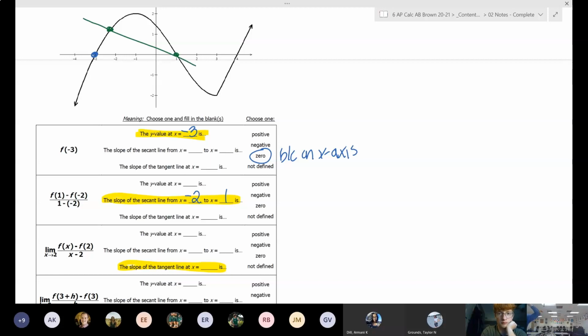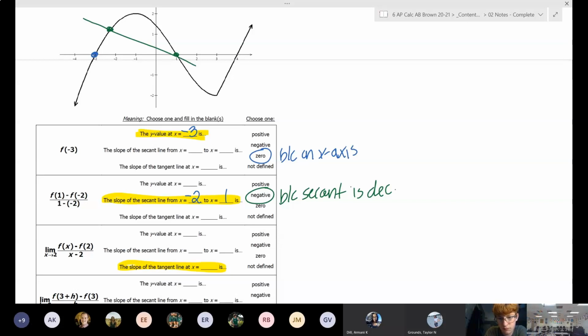And what would be your reasoning when you answer that? Negative. Why? Because the secant is decreasing. And we know that a decreasing secant means that the slope of it is negative.